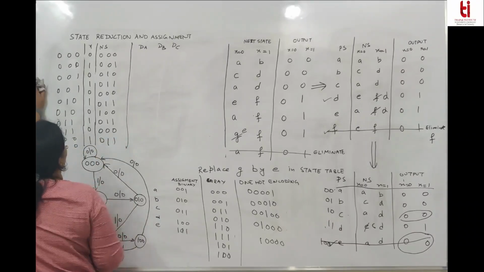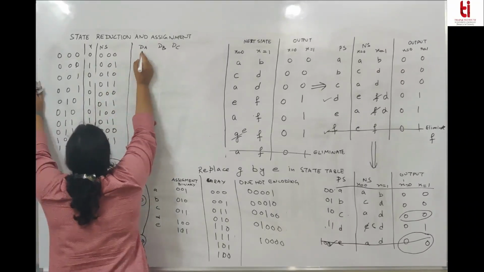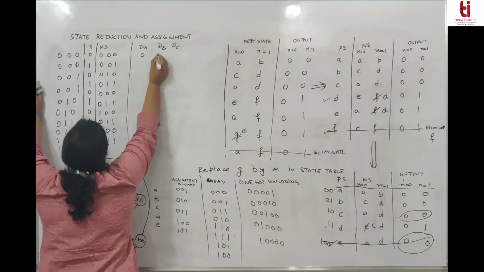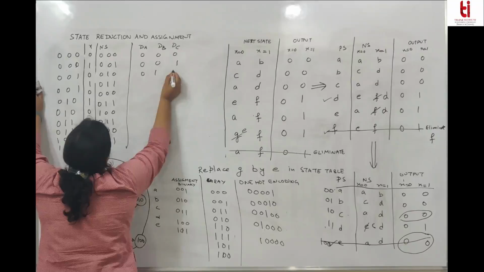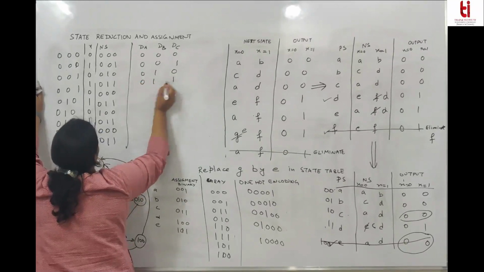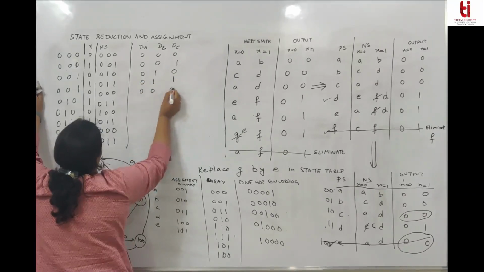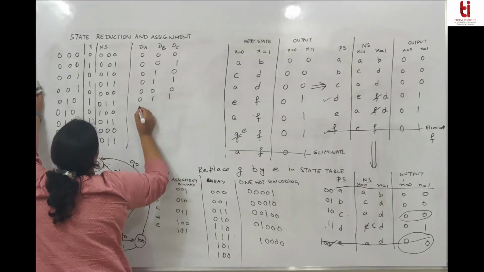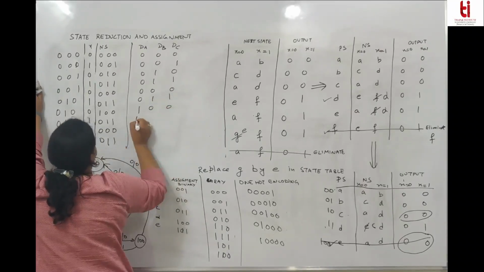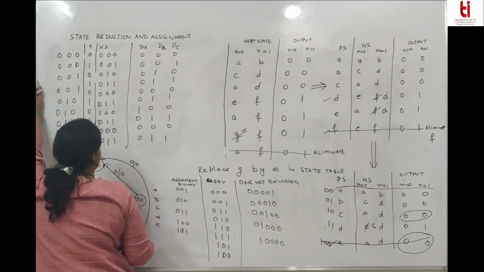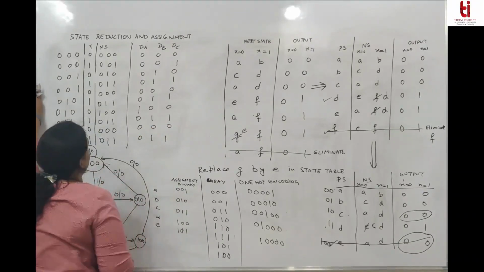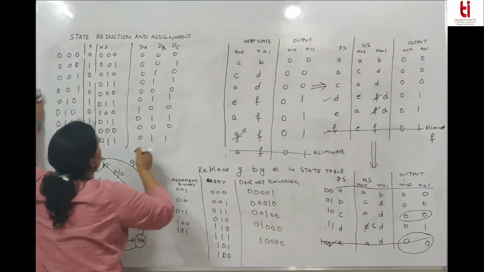These are the values. And what is the DA? Our next state is always same as this. So the next state equation is same as this equation.